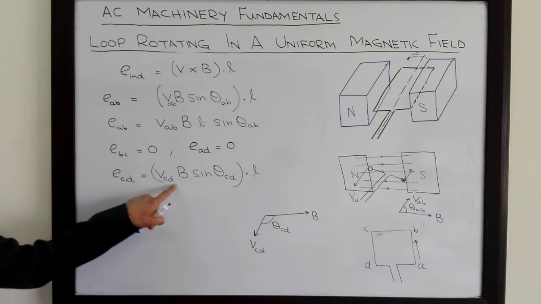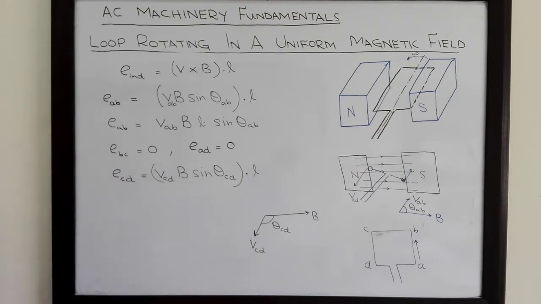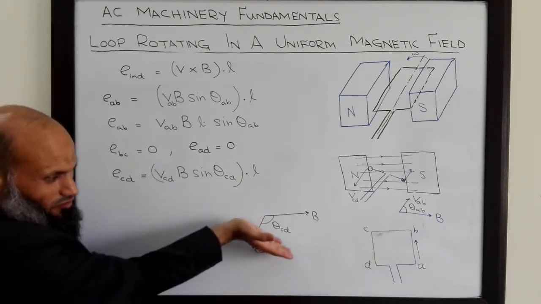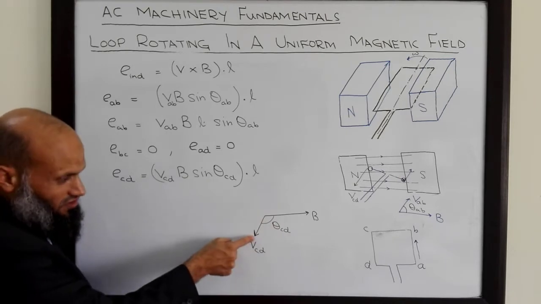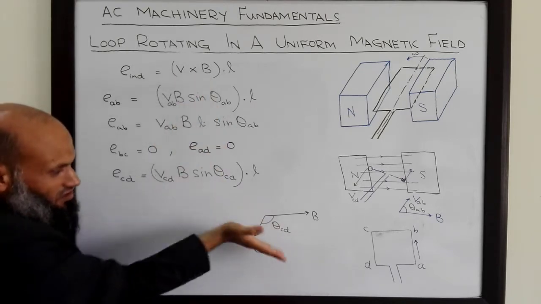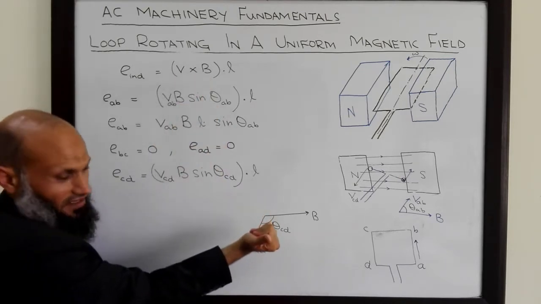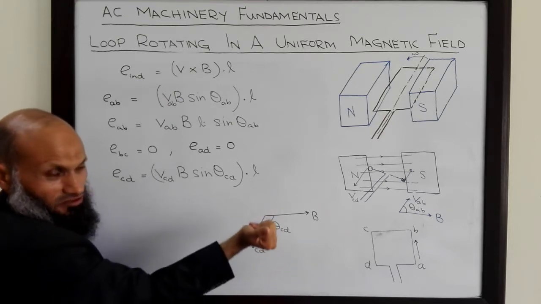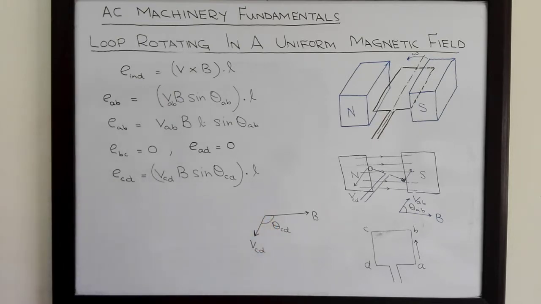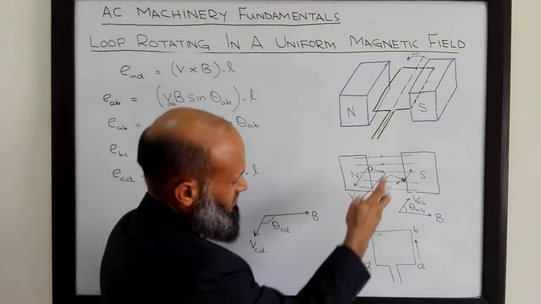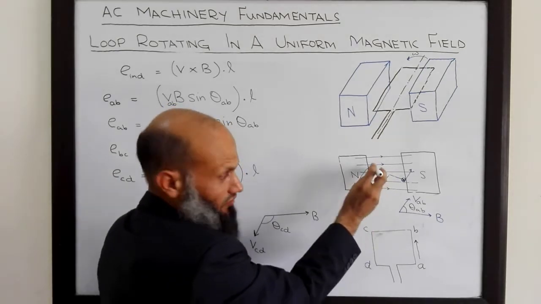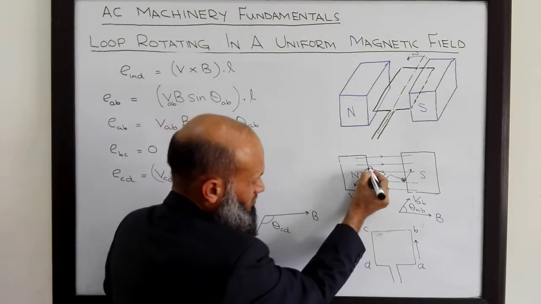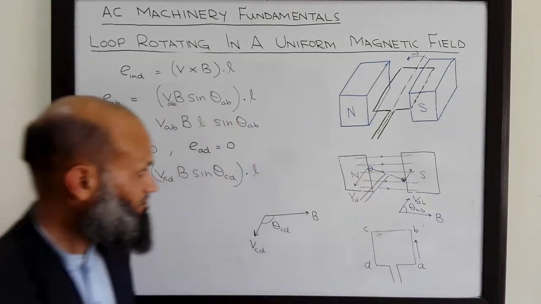So what is the direction of this vector? We can again determine the direction by the grip tool. Rotate the first vector in the direction of the second, then the thumb will indicate the direction of their cross product. That comes out to be out of the surface of the board, which can be denoted by this dot notation.